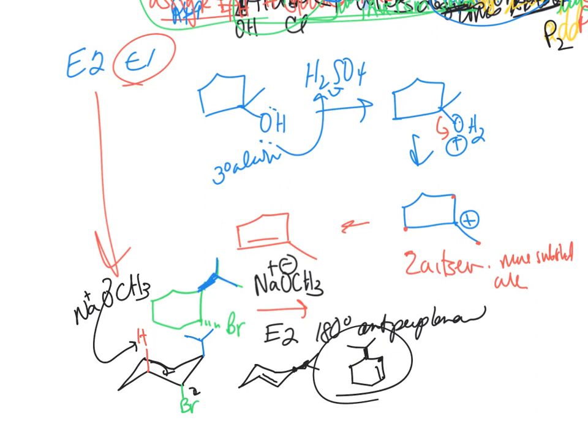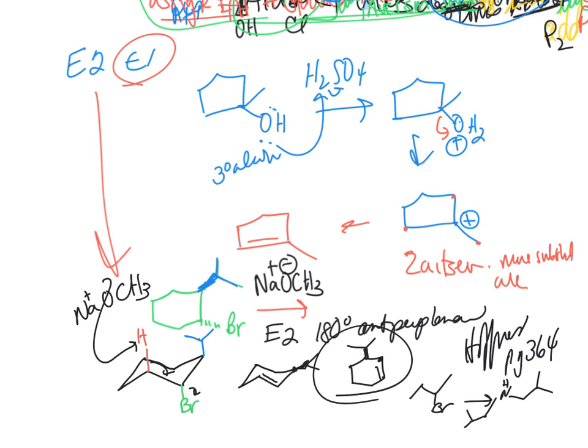Okay, and then you also want to review your Hofmann bases on page 364, and so you can look for a Hofmann, so like something like this, and if you had a base like diisopropylamine, which is a Hofmann base, that would actually take this beta hydrogen for an E2 and give you a Hofmann product, not a Zaitsev's product.